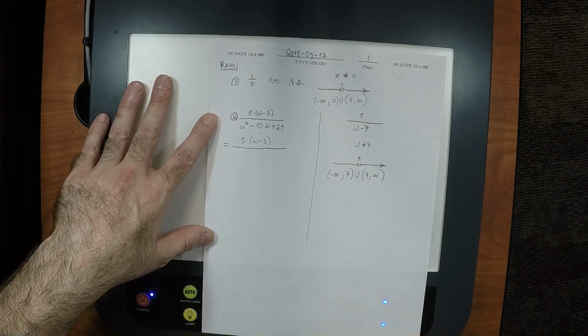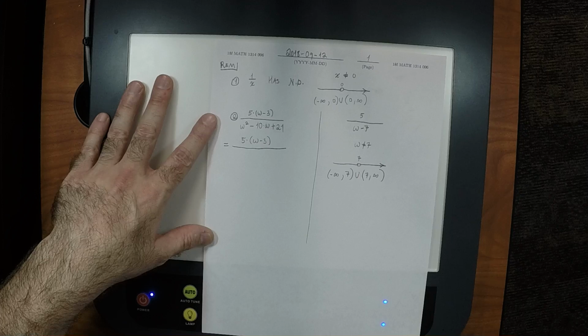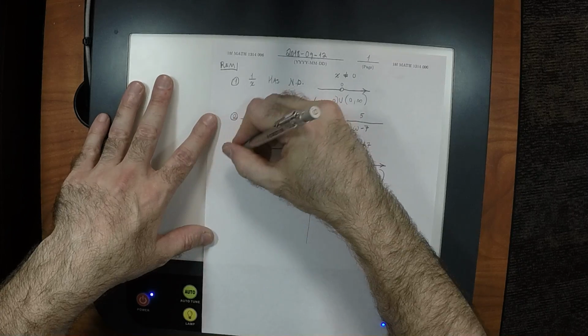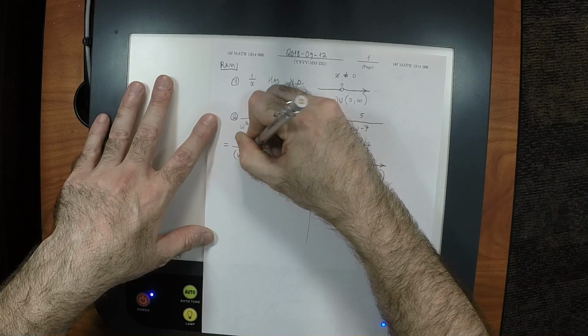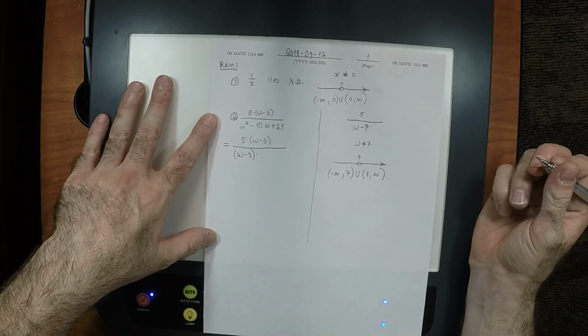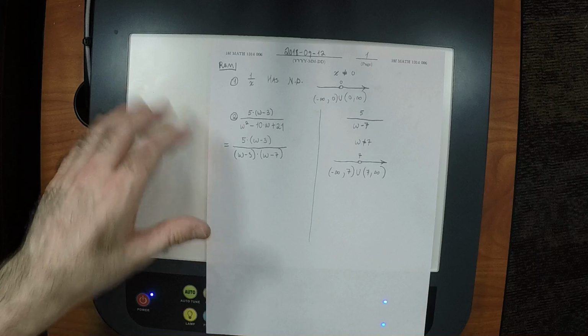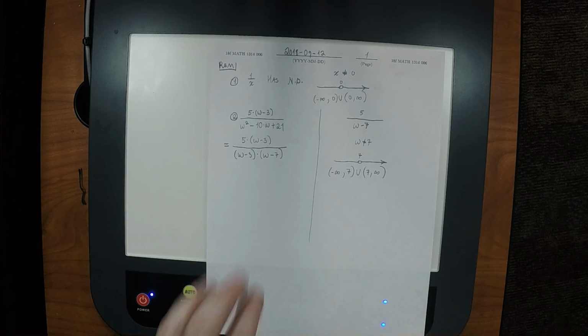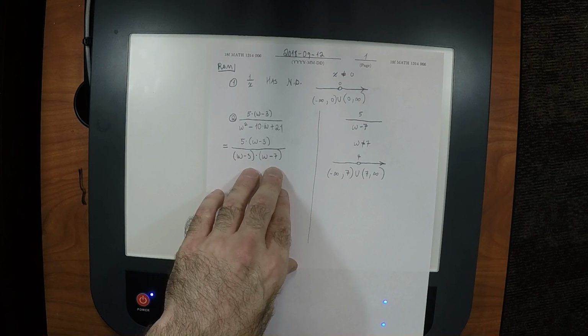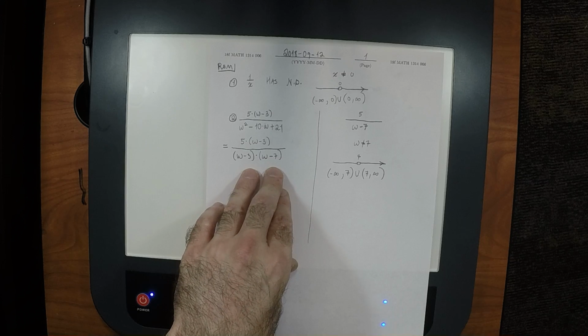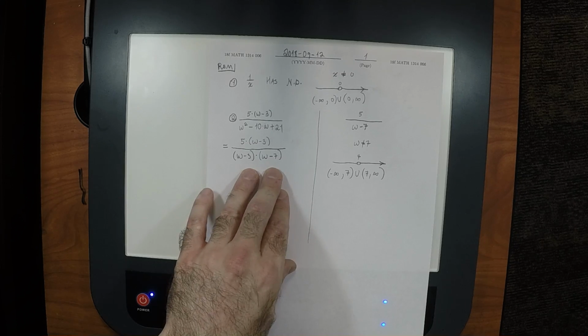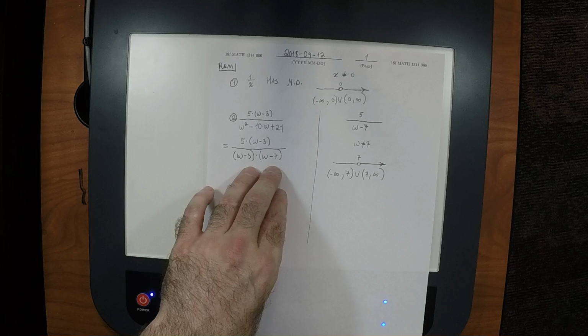And then, does the denominator factor? Yes. It does? Amazing. So, w minus 3 multiplied by what? Oh, wow. So do you observe that according to this factorization, there are some w's that cannot be permitted? Okay, what are they? 3 and 7 cannot be permitted.